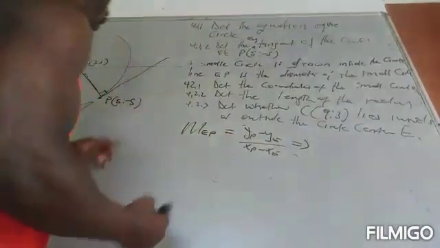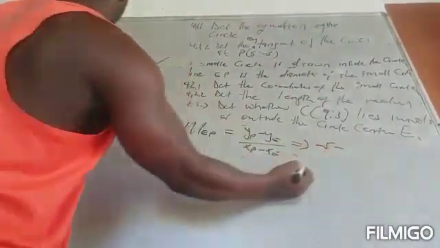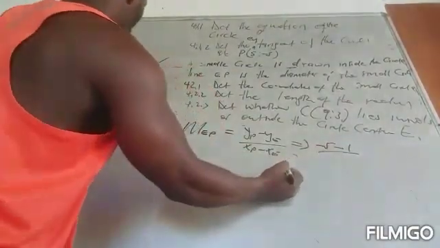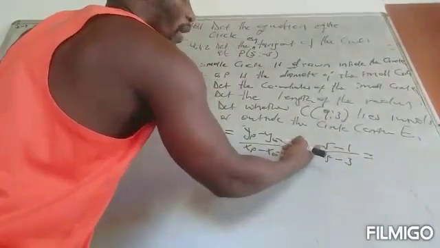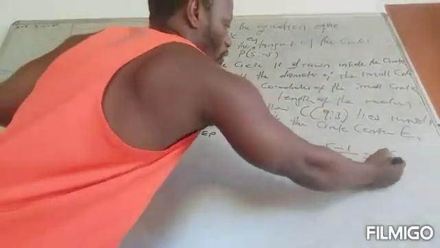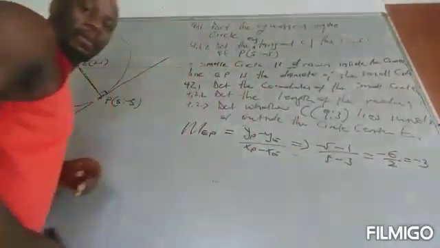So it is minus 5 minus 1 divided by 5 minus 3. Minus 5 minus 1 is minus 6 over 2. So the answer is minus 3.